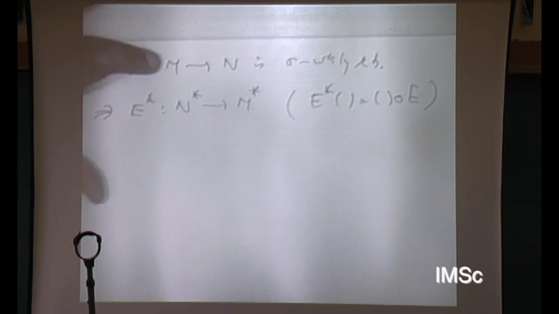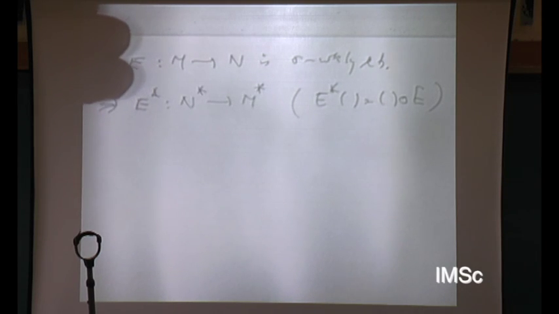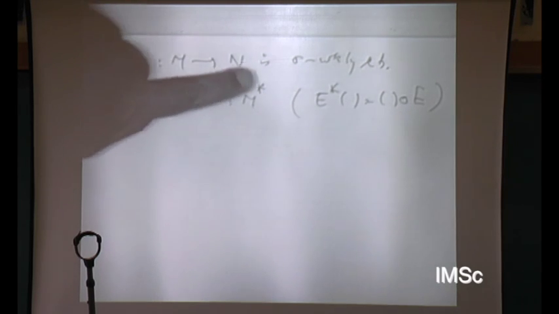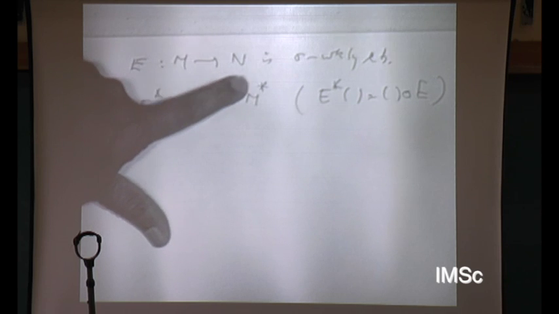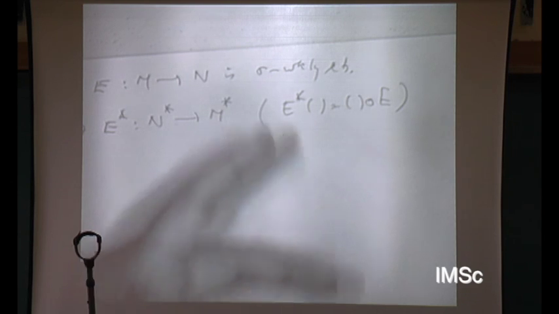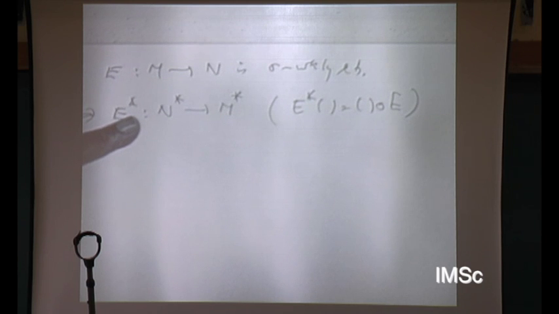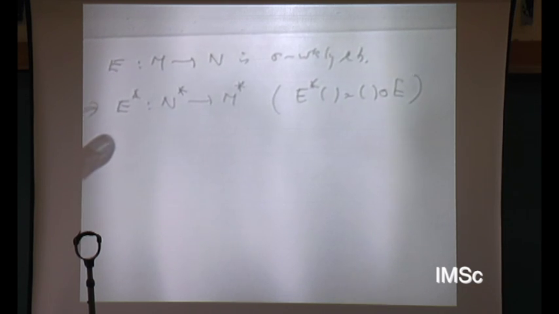If I want a map from functionals on N to functionals on M, suppose you are given a functional on N. Then you give me something in M, I push it forward by E and then apply the functional on N that you gave me. That result I will call the functional on M, which is E star.